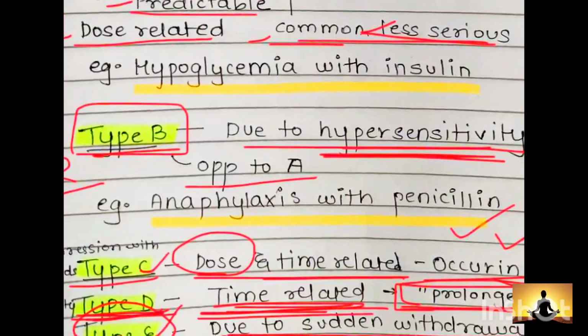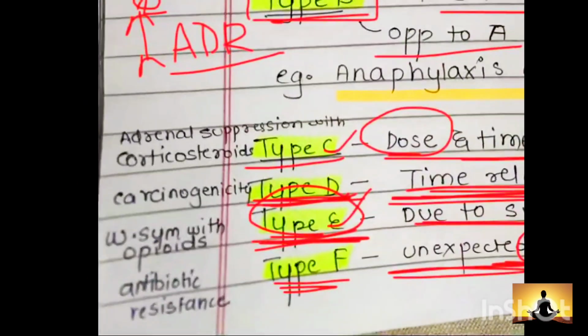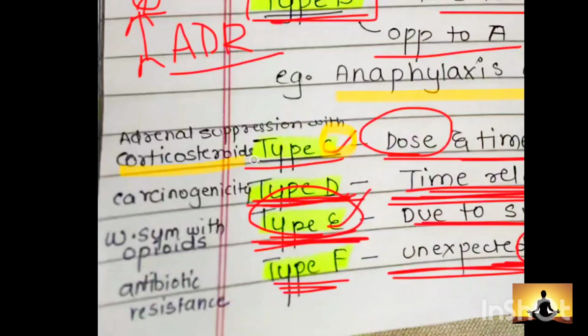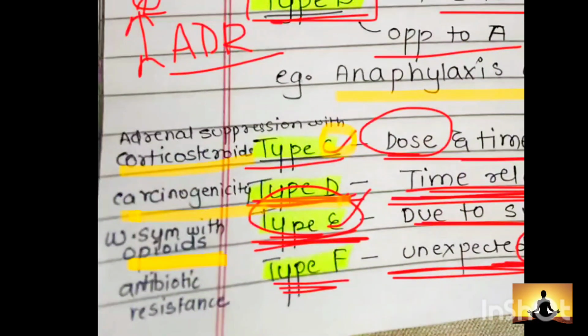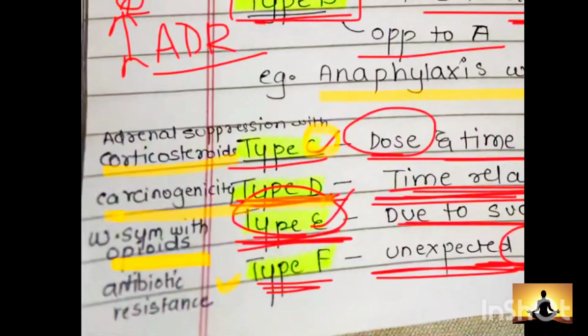Then C is adrenal suppression with corticosteroids. Type D, again with C, is carcinogenicity. E is due to sudden withdrawal, so if a person is consuming opioids, withdrawal symptoms with opioids can be seen. And last is antibiotic resistance.